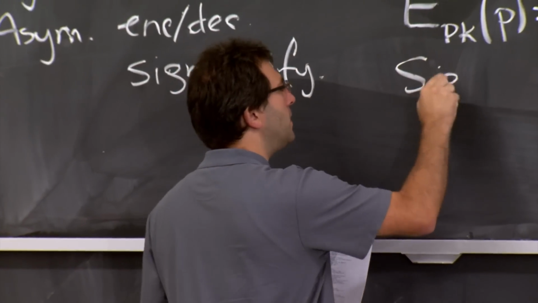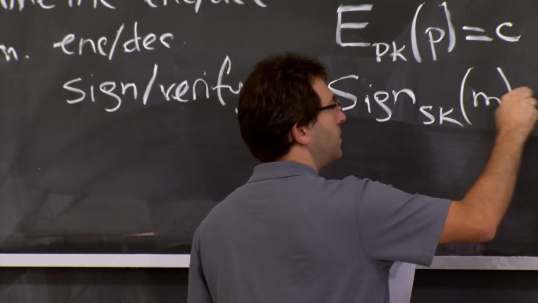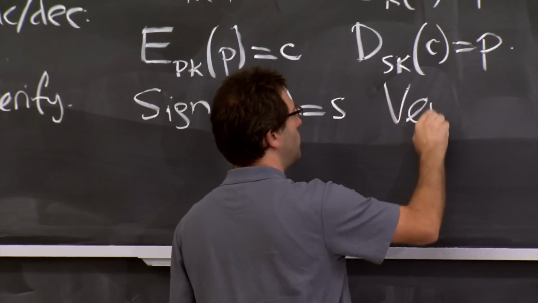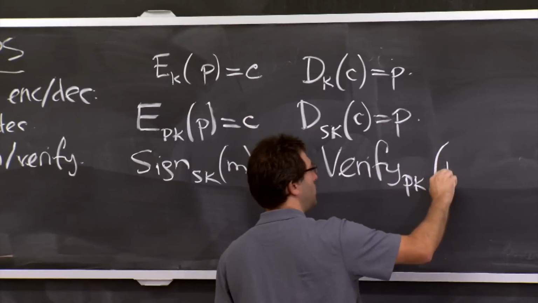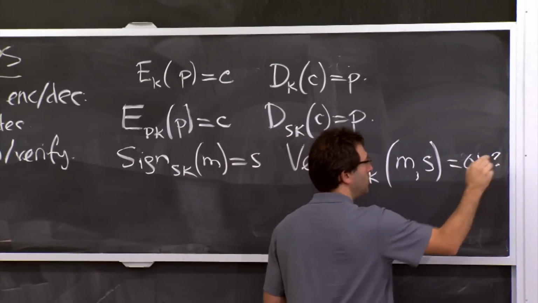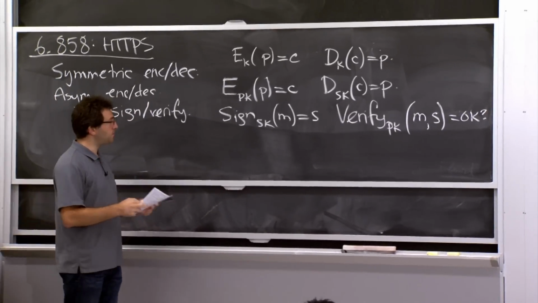So you might sign a message with your secret key, and you get some sort of a signature S. And then you can also verify this message using the corresponding public key. You give it the message and a signature, and out comes some Boolean flag saying whether this is a correct signature or not on that message.